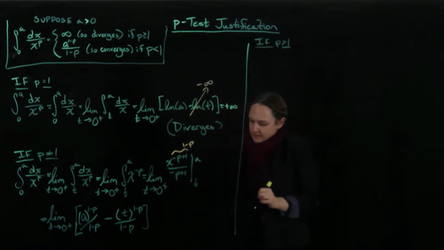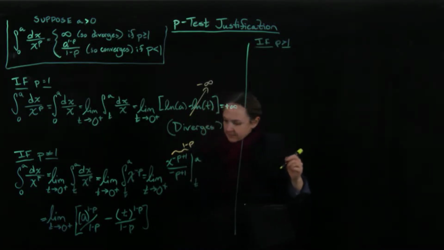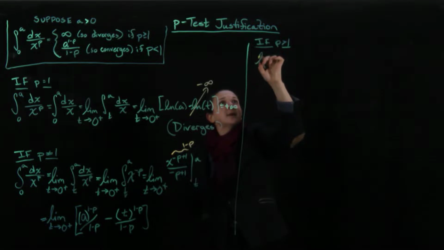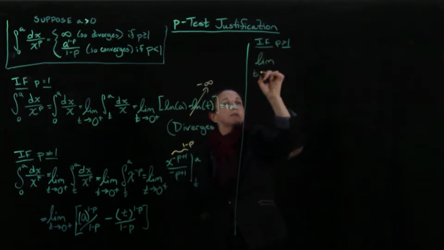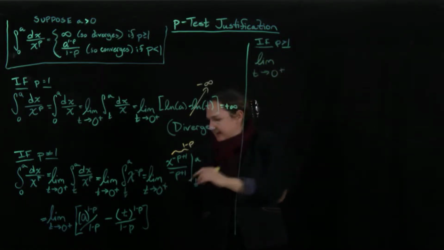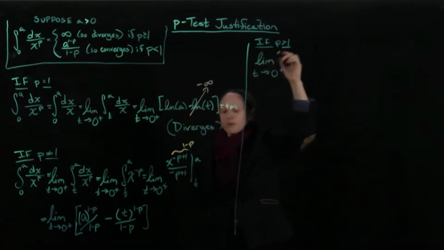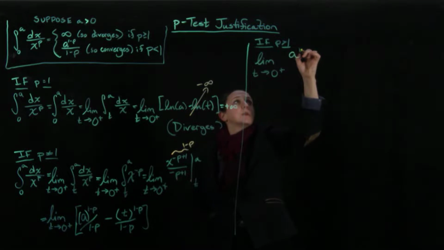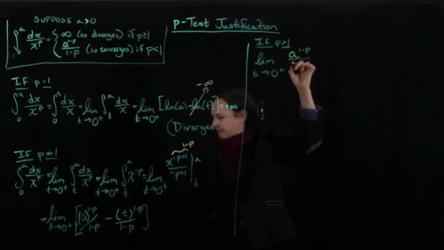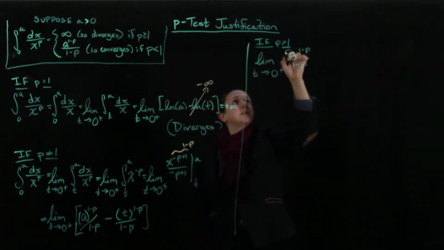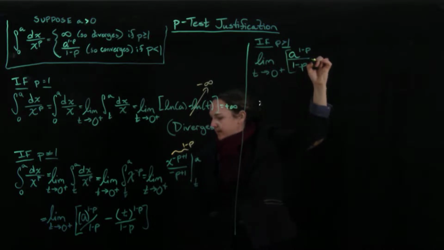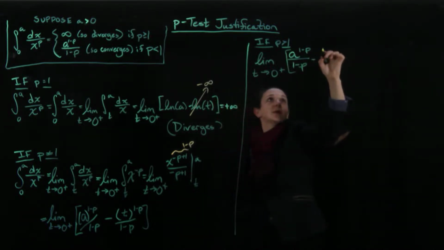If p is greater than 1, then we're taking the limit as t approaches 0 from the right-hand side of a to the 1 minus p divided by 1 minus p, minus t to the 1 minus p over 1 minus p.